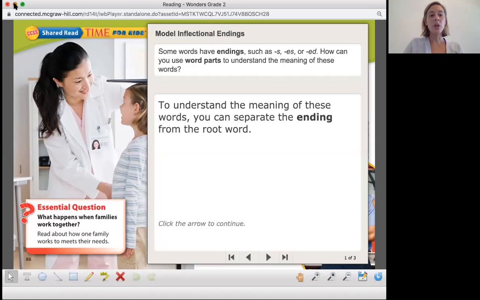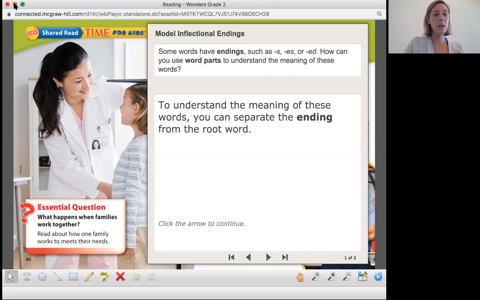Okay, so now if we have the ending S at the end of the word, we know that can mean more than one. So it can be plural, or it can mean it's happening now. Let's think about words such as cat. We know that we add an S to the end of cat, that's more than one. That's plural.